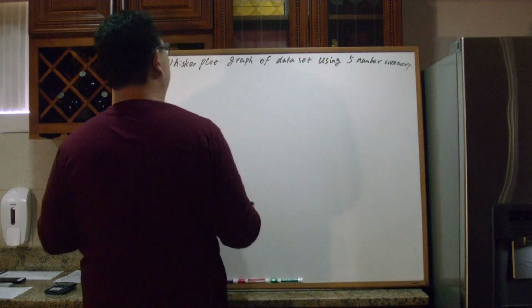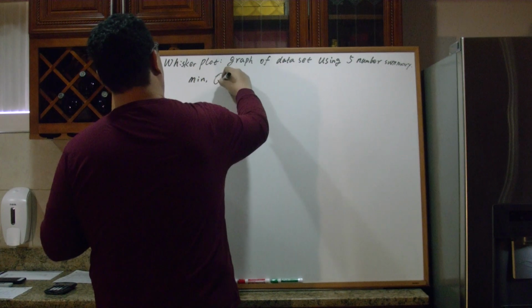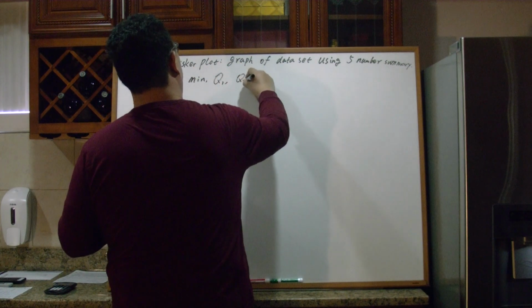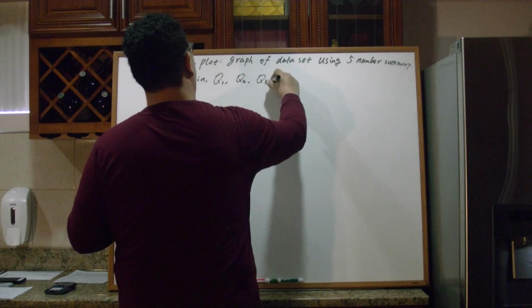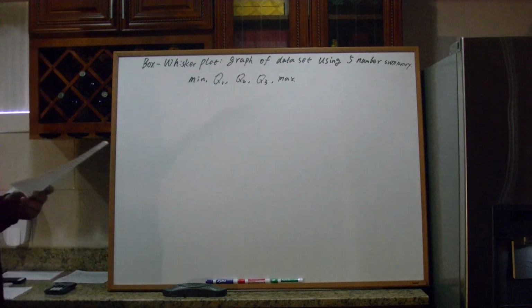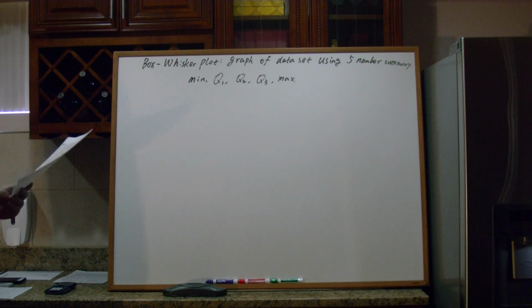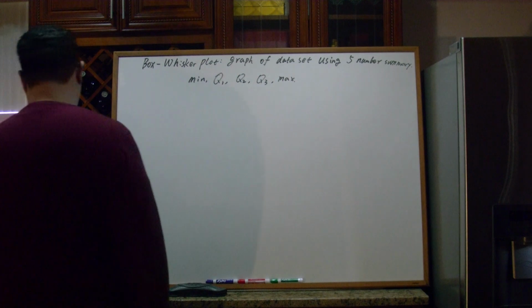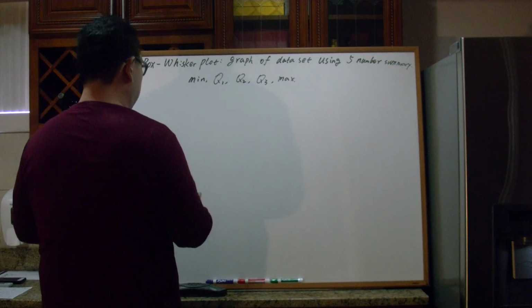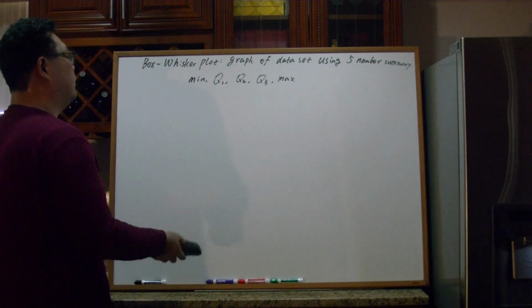So what is the 5-number summary? They are the minimum, first quartile, median, third quartile, and the maximum. We use those to graph our data set. We'll see an example of how we find those quartiles and how we draw the Box-Whisker plot.